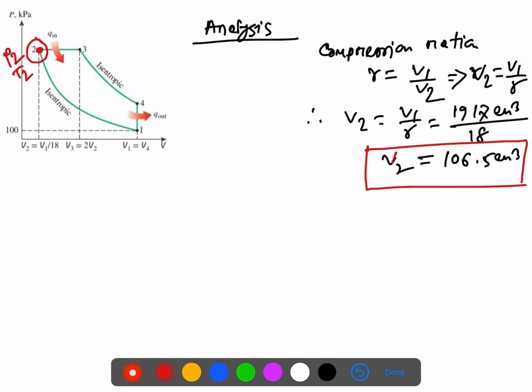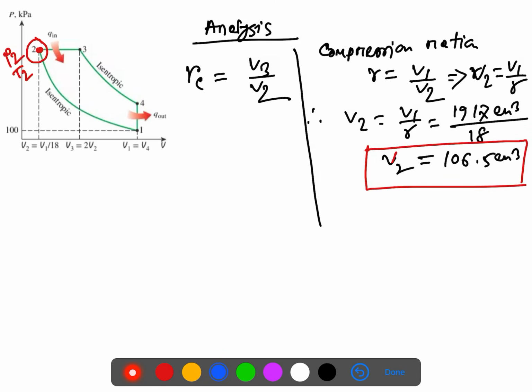Now, what I said earlier is that our ultimate target is the pressure and the temperature, but we will calculate the volume at the end of each process. So we got V2. Now we will calculate V3. To get V3, we can use the cutoff ratio formula: the cutoff ratio RC is V3 over V2.